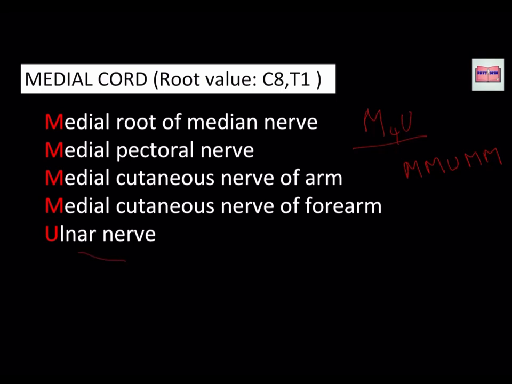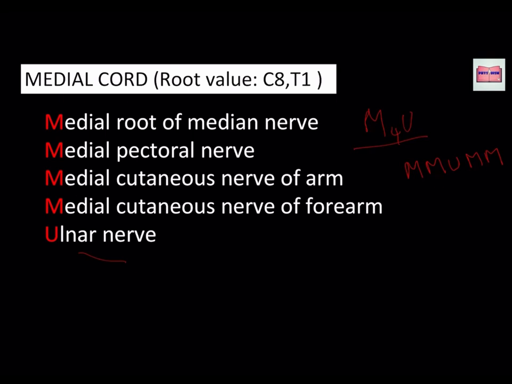You all know this ulnar nerve, right? So medial root of median nerve, medial pectoral nerve, medial cutaneous nerve of arm, medial cutaneous nerve of forearm, and ulnar nerve. So you must remember these branches in order to write the brachial plexus in your exam. Okay. So these are the branches given off by the medial cord. Okay, and the root value is the same for all the nerves, C8 and T1.